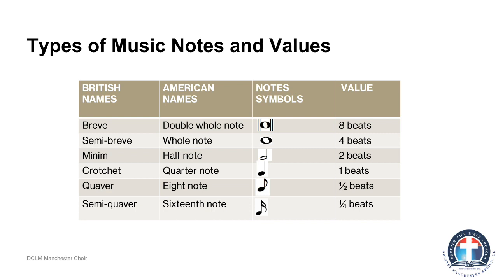The last music note here is the semiquaver. Semiquaver, half of a quaver, is also referred to as a 16th note. It has a shaded head, a stem, and two flags. It has a value of 1/4 beat.